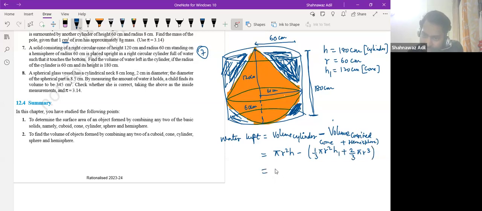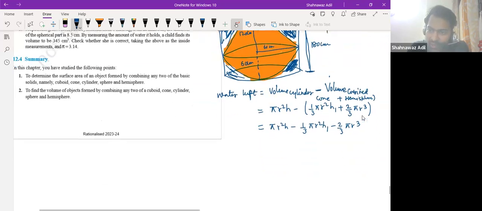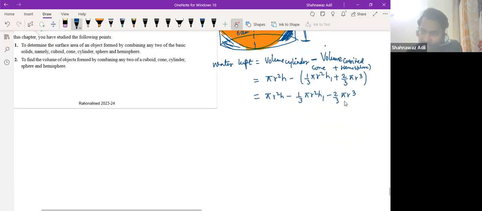So if we write it like this, it is pi r square h minus 1 by 3 pi r square h1 minus 2 by 3 pi r cube. This is why we write it like this, because we can take lots of things common, right? So we can take pi common, we can take r square common.